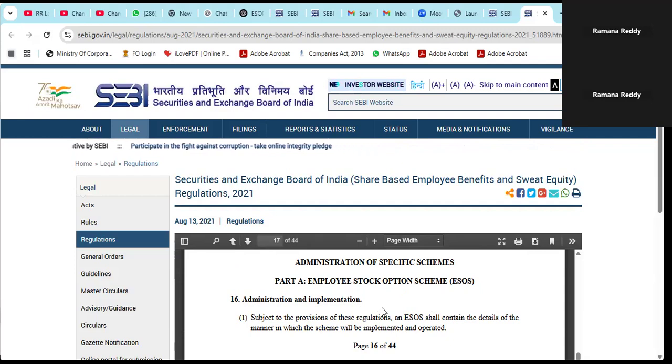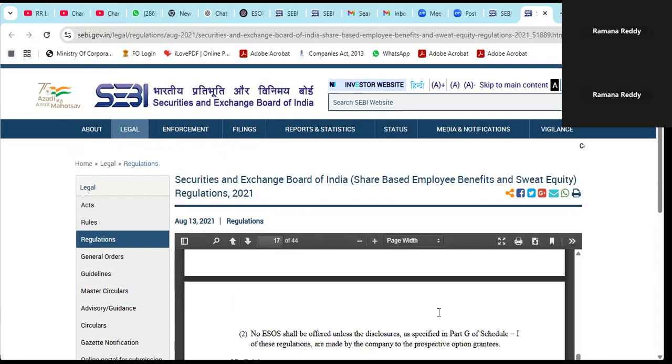Administration and implementation: how it will be administered and implemented. Subject to the provisions of these regulations, meaning the SEBI share-based employee benefit and sweat equity regulations, the ESOS, employee stock option scheme, shall contain the details of the manner in which the scheme will be implemented and operated.